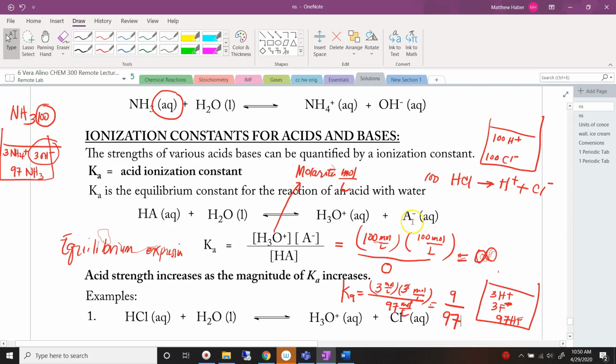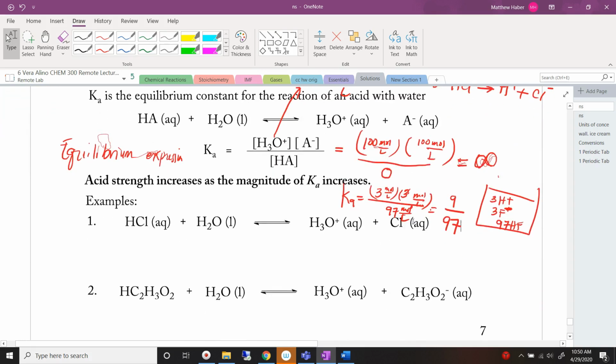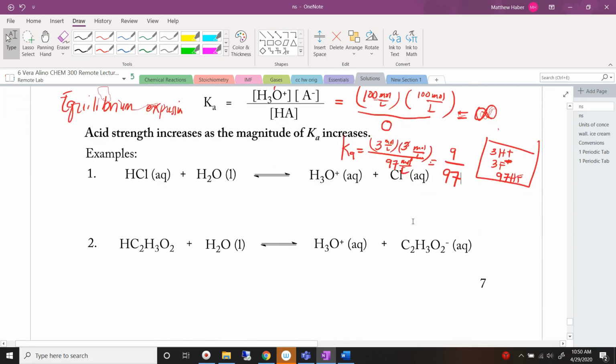We're not going to get into the calculation. What I expect from you is to know how to write the equilibrium expression of the equation, for the reversible equation. So say for instance, for the first problem, the Ka is equal to, remember, it's always products divided by the reactants, raised to their coefficients.